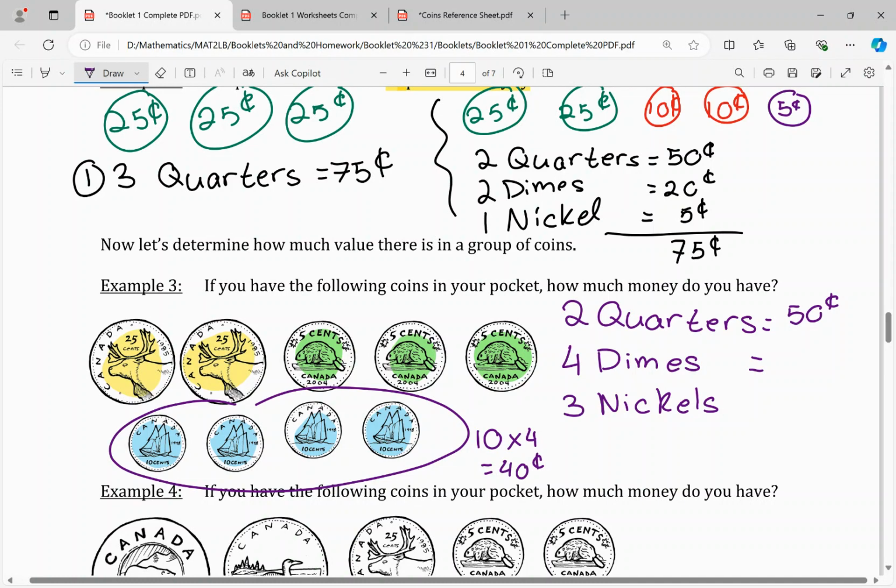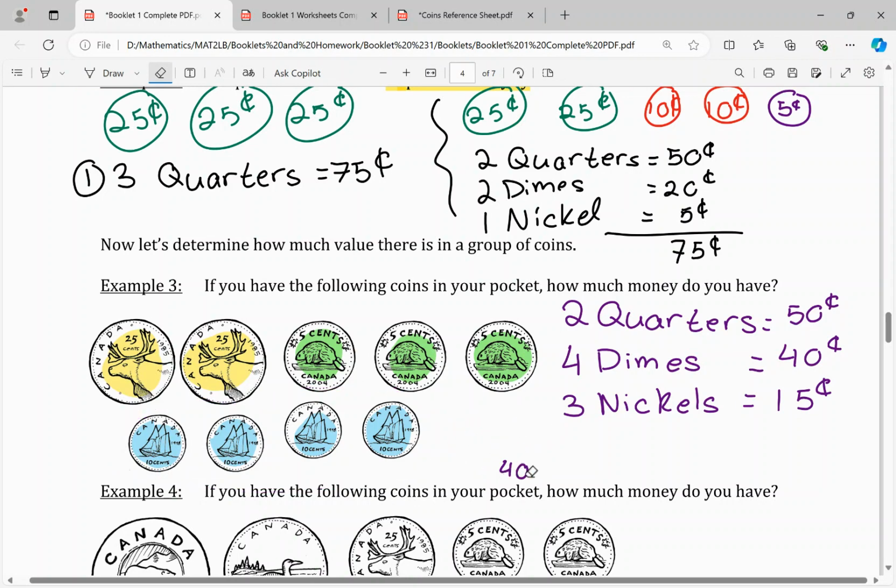Instead of adding 10 together 4 times, just 10 times 4 is 40 cents. And then 3 nickels, each nickel is 5 cents, so 5 plus 5 plus 5 is 15 cents.